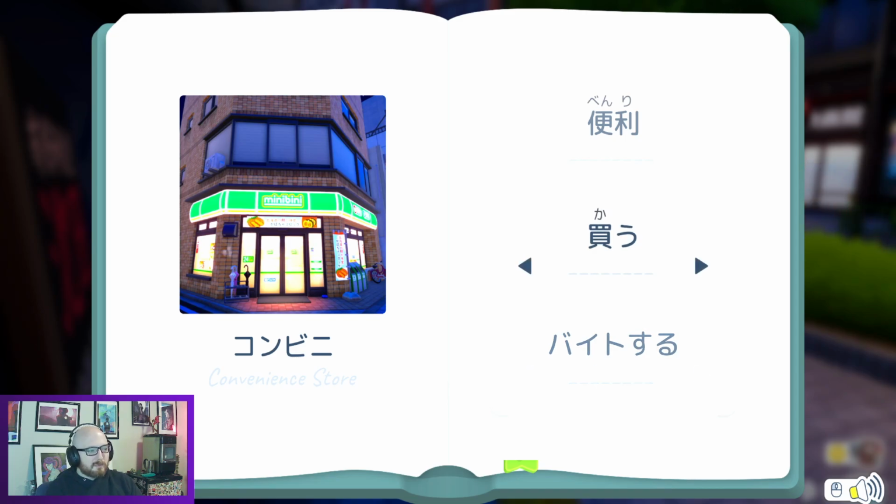This means to buy something, and benri is convenient. Takusan konbini wa benri da yo. All convenience stores are convenient. I didn't say very. So, convenient, to buy, and to work part-time.